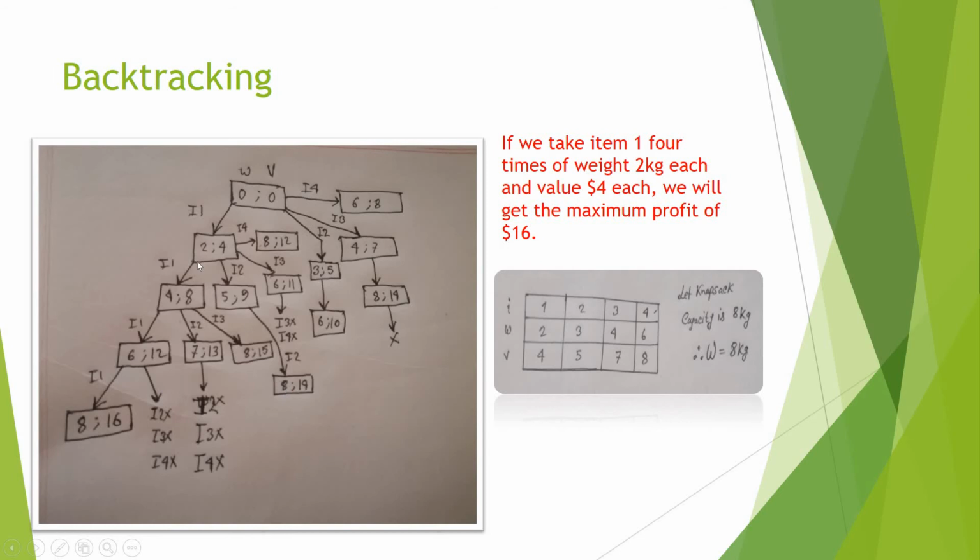If you are taking item 1, then item 1, and this time item 2, so 2 plus 2 equals 4, 4 plus 4 equals 8, then 4 plus 3 equals 7, here 8 plus 5 equals 13. So we are getting these values.